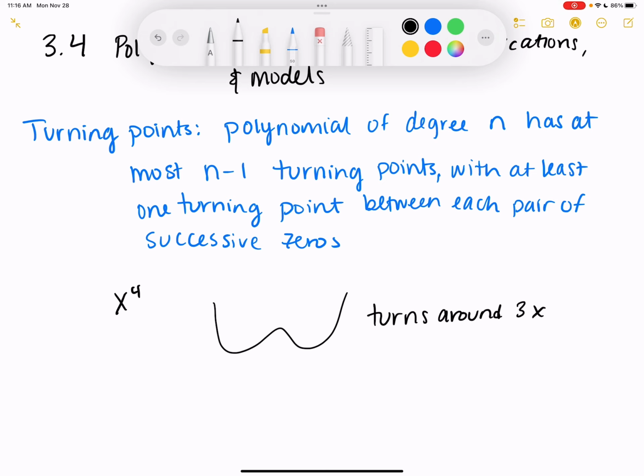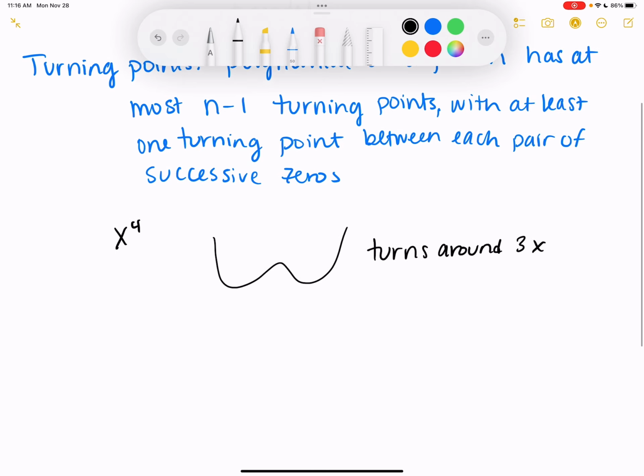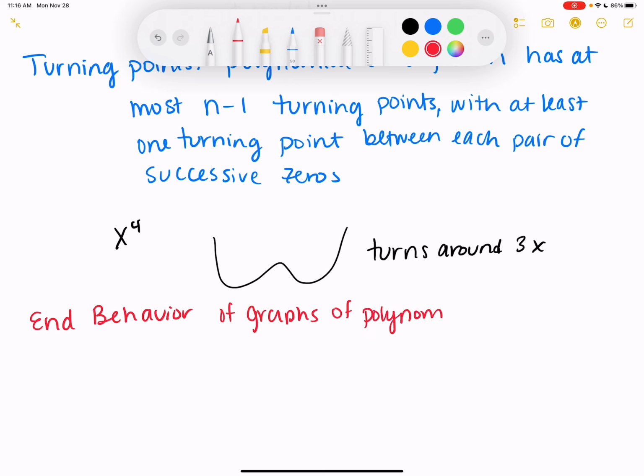All right, this next thing is the big part of this section. It is end behavior of graphs of polynomial functions. So end behavior is what's happening as the graph is getting really, really far out. Where's it going?